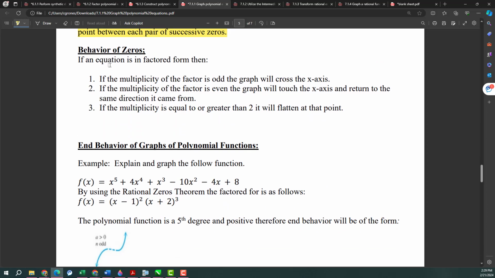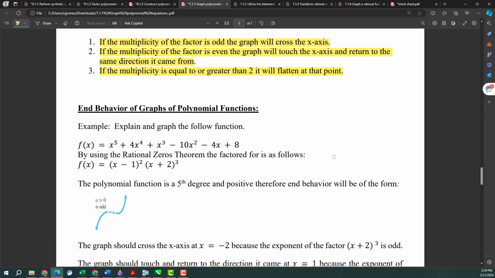Behavior of zeros: if an equation is in factored form, then if the multiplicity of the factor is odd, the graph will cross the x-axis. If it is even, it will touch the x-axis and return to the same direction that it came from. If it is equal to or greater than 2, it will flatten at that point. So that is useful information there.